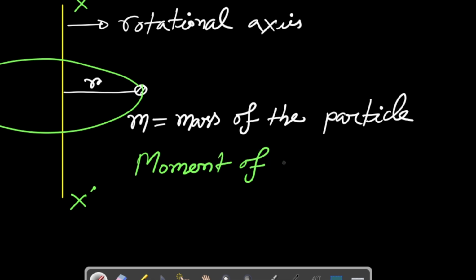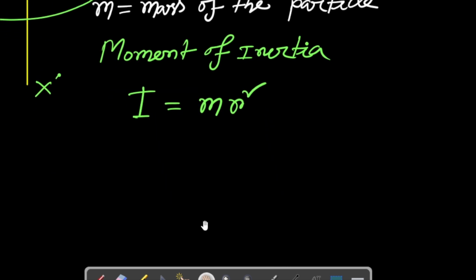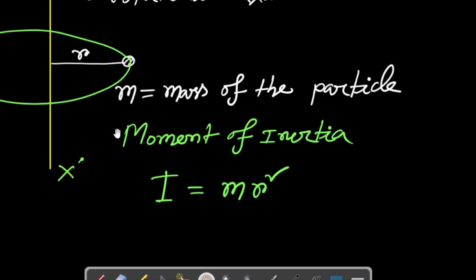We represent moment of inertia by the symbol I. I is equal to the product of the mass m and the square of the perpendicular distance, r squared, between the rotational axis and the point of the mass.